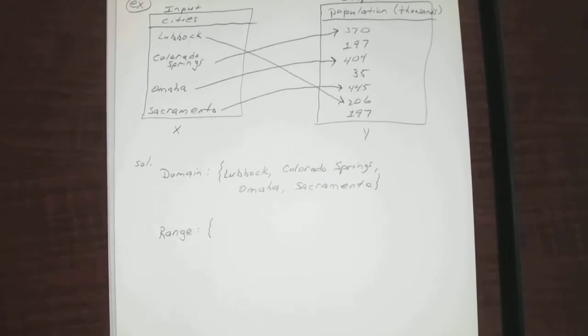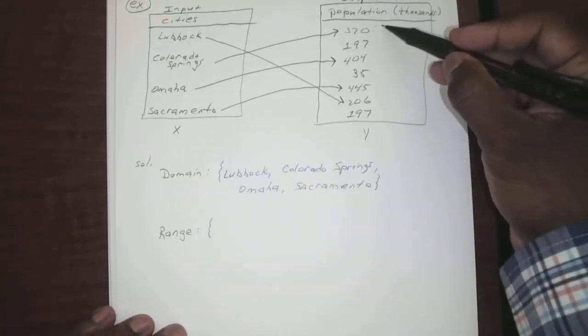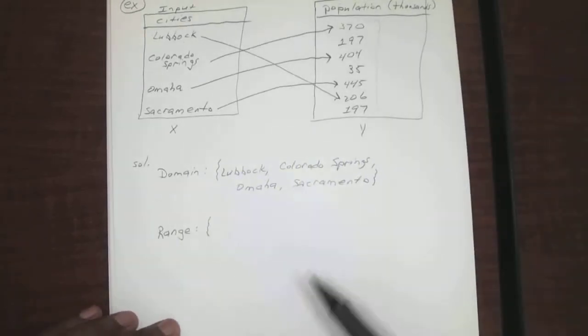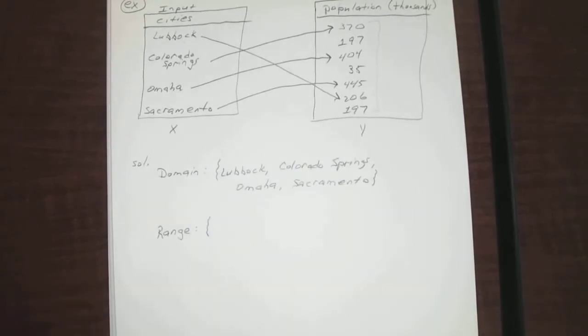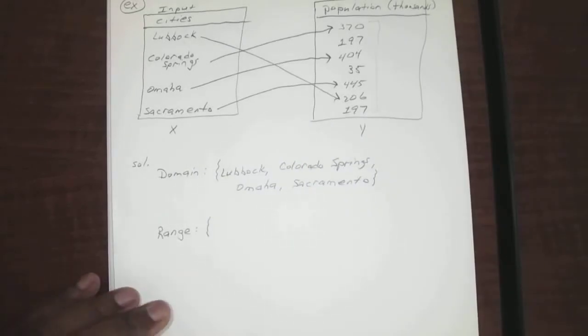Okay. Now your range, remember your range are all possible Y values, which means everything here are possible Y values. They're not matched up with anything, at least all of them aren't, but they're possible Y values. So everything here would be your range.